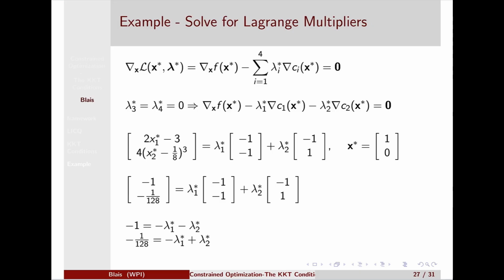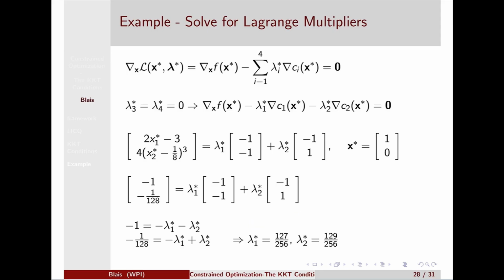And so we want to now solve this system for lambda 1 star and lambda 2 star. So writing them down as equations, we would have this, and then however you want to solve this type of equation, we can say from this first equation, lambda 1 star equals 1 minus lambda 2 star. And then you could plug this in to this lambda 1 star here and solve.